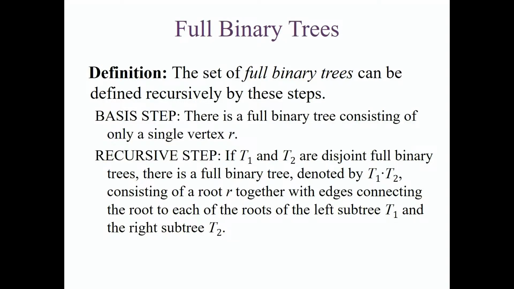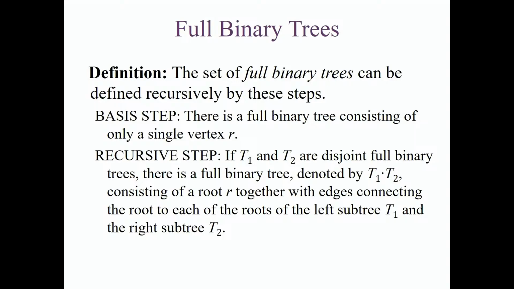So for the recursive step, we only have 2 disjoint full binary trees, and we need to connect T1 and T2 to the root R. This gives us a full binary tree because we only have 2 branches. We cannot have more branches, such as 3 branches or 4 branches. We only have 2 branches, okay?